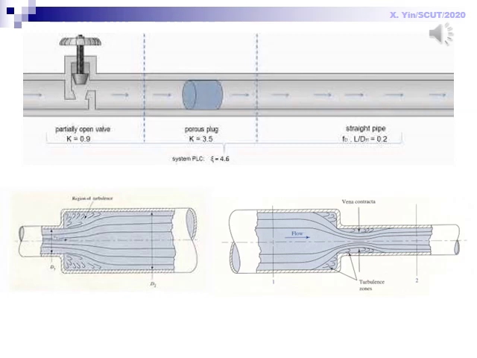The other is generated in a local place where the boundary is intensively changed, like the valve section in the upper picture and the connection region between pipes of different diameter in the lower picture. You can see in this kind of places, the streamlines cannot stick to the boundary for a distance due to inertia.